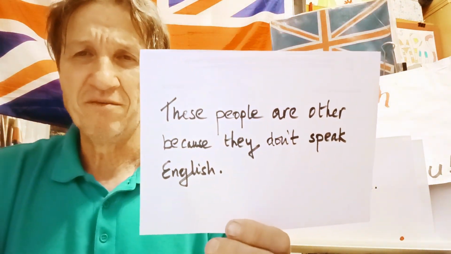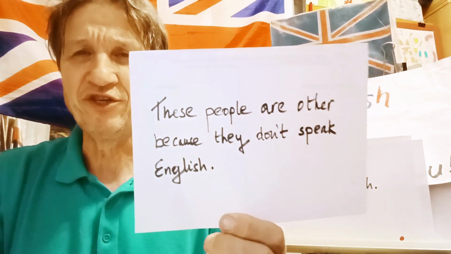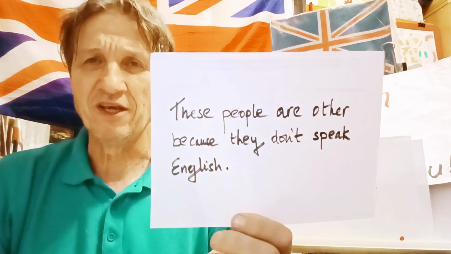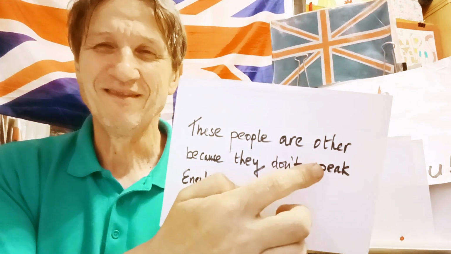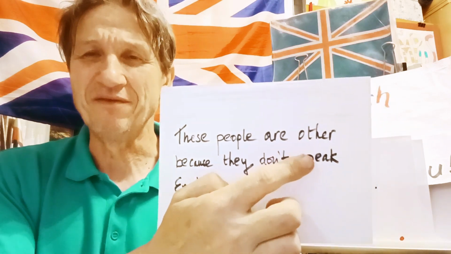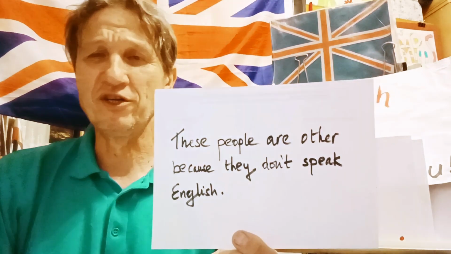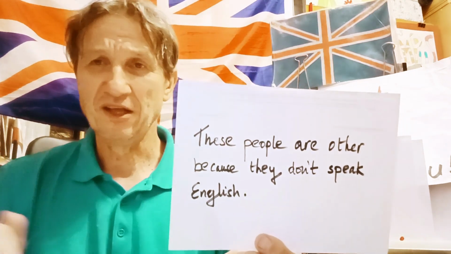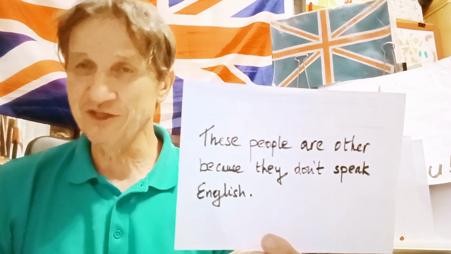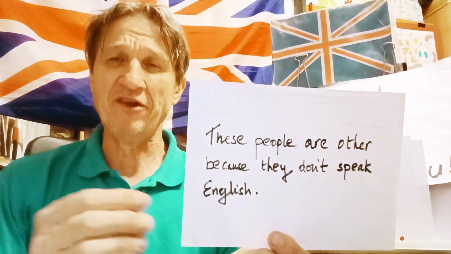Looking at sentence number 3, slightly longer. These people are other because they don't speak English. Now, the problem here is one particular word, which is other. The word doesn't refer to somebody else, but another or others, but they're not the same as us.